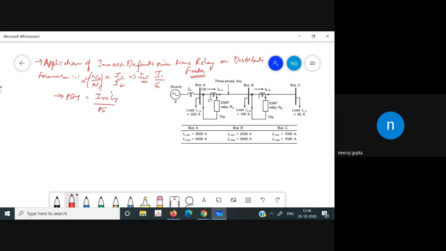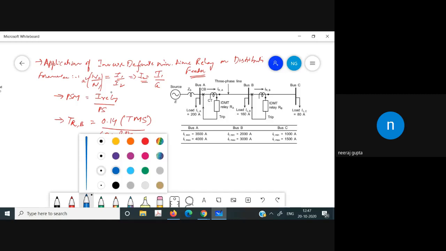Now, the third formula that we have to use in case of this IDMT relay: the operating time of the relay, let us suppose of relay B, is given by the expression 0.14 times the time multiplier setting TMS, divided by PSM raised to power 0.02 minus 1.